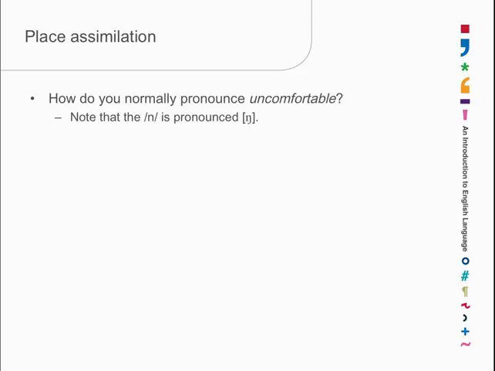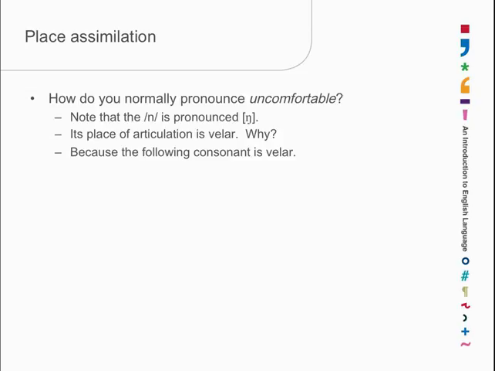What that means is it's changed its place of articulation. It was an alveolar, normally, and maybe elsewhere, but in this circumstance it's pronounced as a velar. Why is its place of articulation a velar? Not too hard to seek. The following consonant is itself a velar. K is a velar consonant. So, if you like, N is anticipating the velar to come and is changing its place of articulation accordingly. So this is an anticipatory assimilation.